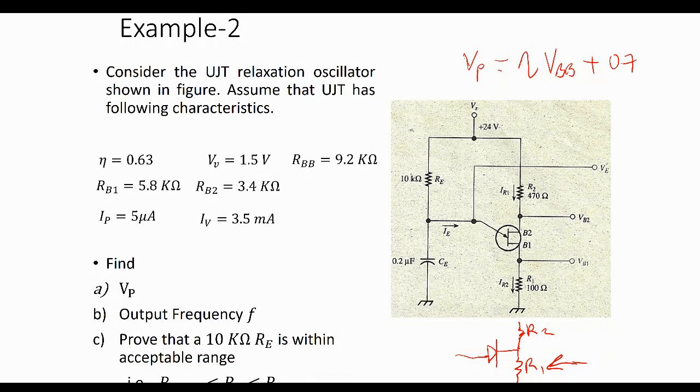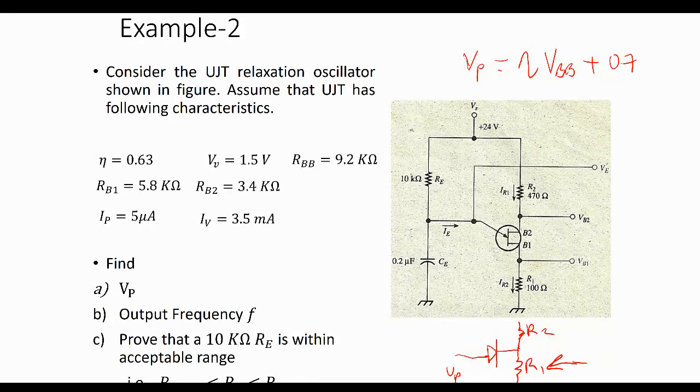The capacitor is going to be providing your peak voltage, as you recall. So it charges up, and as it reaches VP, it will cause the UJT to fire, and then it starts to discharge.